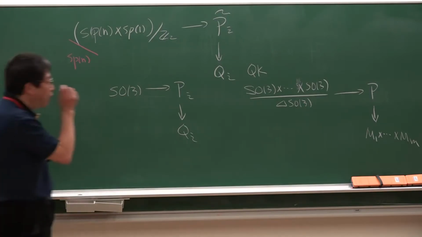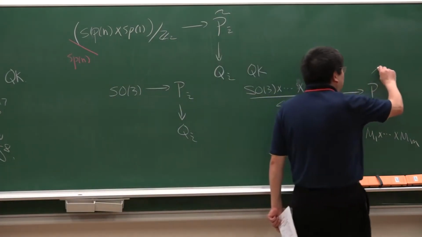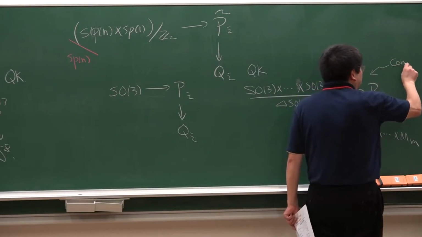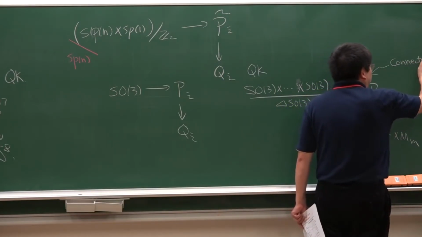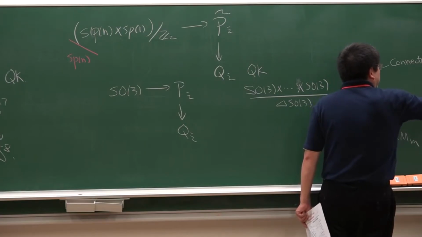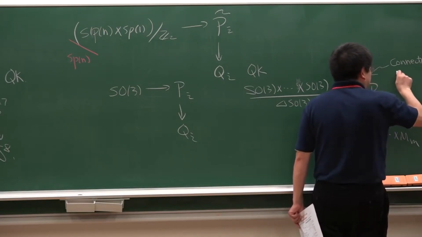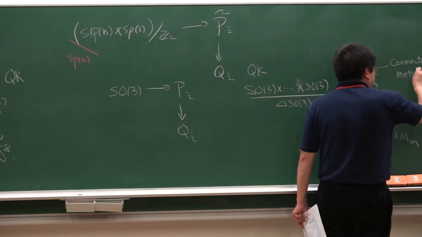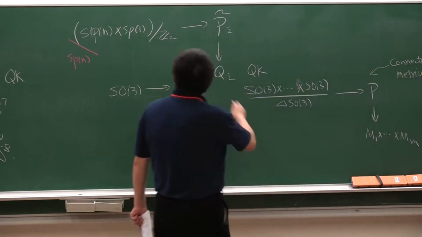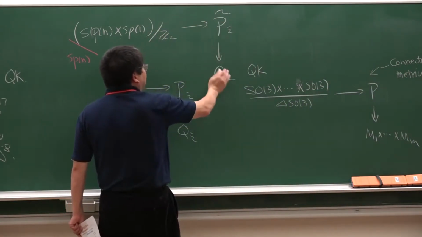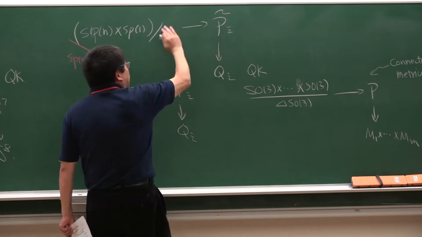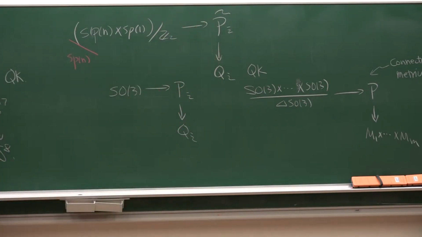On this manifold, you can construct this so-called connection type of metric. The connection just comes from the induced connection from this principal bundle due to the quaternion Kähler metric.